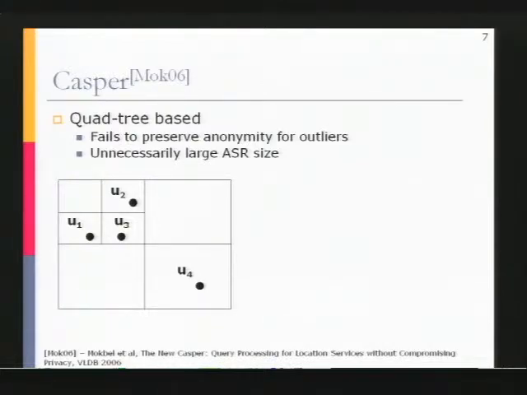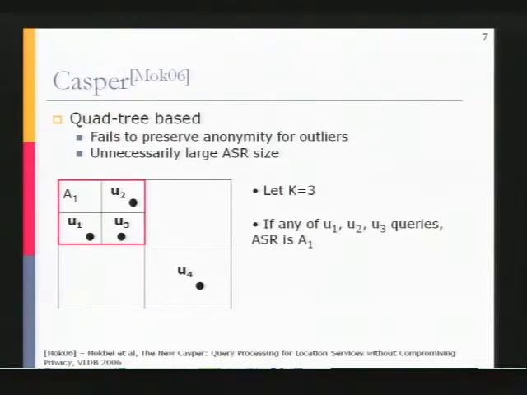How is anonymization performed? Whenever a query arrives at the anonymizer, the algorithm will search for the lowest level quadrant in the tree which contains the query source, as well as k-1 other users. This is performed in a bottom-up fashion. Let's see an example. Again, let's assume k equals 3, and that any of u1, u2, or u3 issues a query.